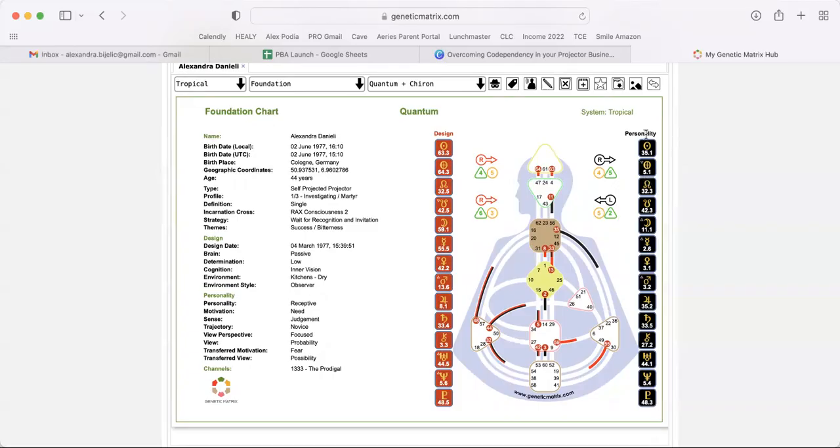I'm 2nd of June, he's 5th of June, and because the 35 was still in the Sun on the 5th of June, he has the 35 and the 5, and he also has the 63 and 64 in the same position, because that's very much dependent on it. Every 3 months, you kind of get the same incarnation cross.